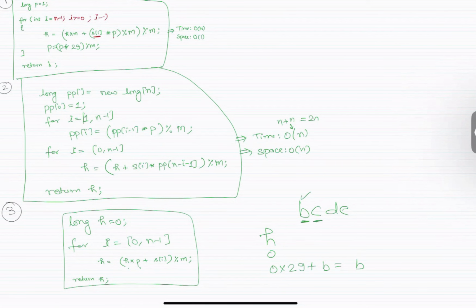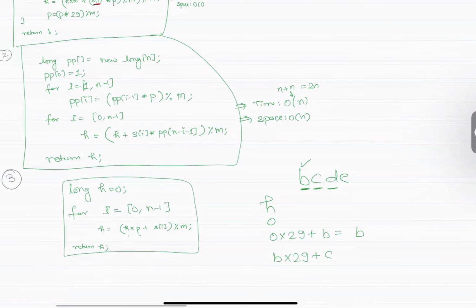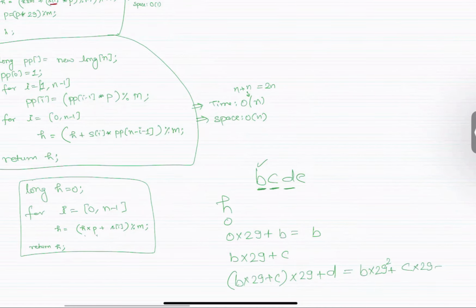When i is 1, what happens? Then it becomes B into 29 plus C. Okay. Then when we reach the second index, that becomes B into 29 plus C into 29 plus D, which is no different than B into 29 square plus C into 29 plus D. Yes.